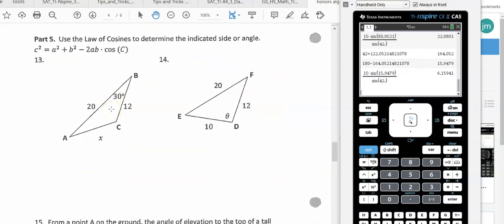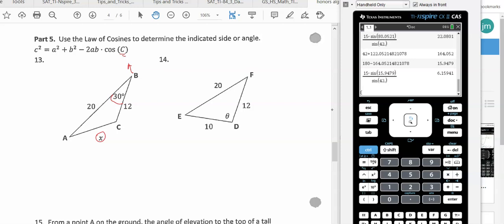Okay, now it's just using law of cosines. There's two cases, and I don't know which case you consider tougher here. The big thing here, like on this one, the angle has to go in this spot, right? So we know in this case the angle is, our B is our C, so to speak. So in the formula, our little b is opposite the big C, so we're going to do that.